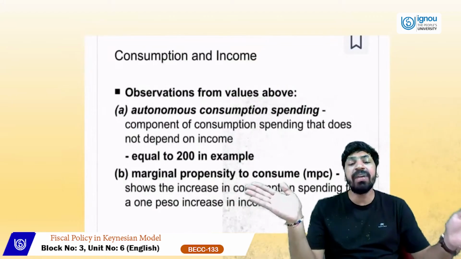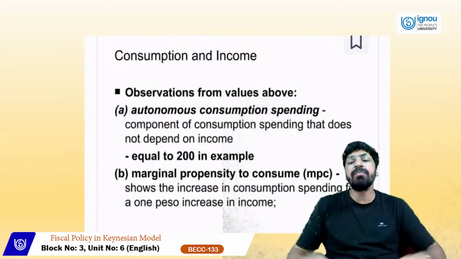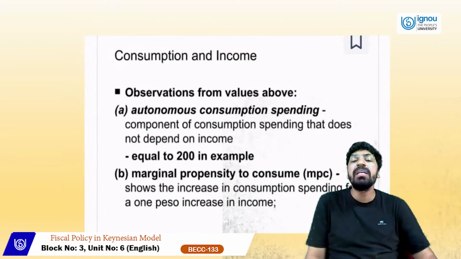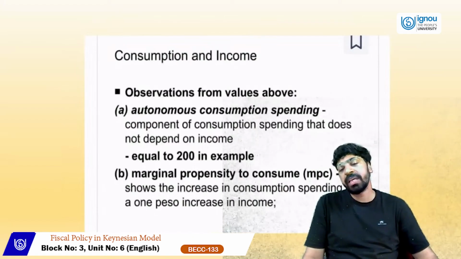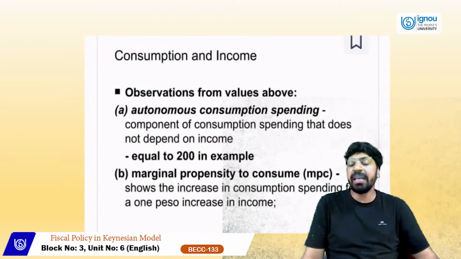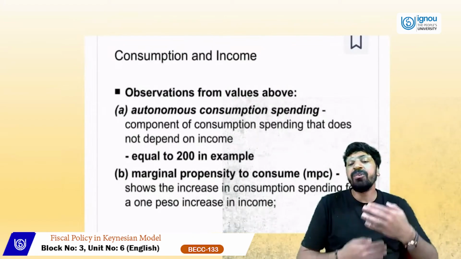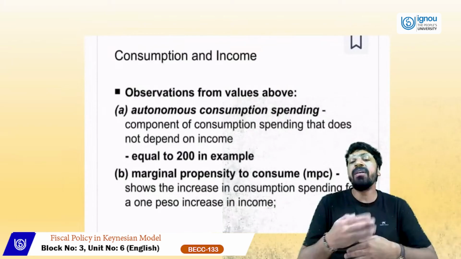There is a positive relationship between these two concepts, consumption spending and income: by an increase of 1 rupee or 5 rupees or 10 rupees in income, your consumption also increases. That's called the marginal propensity to consume.